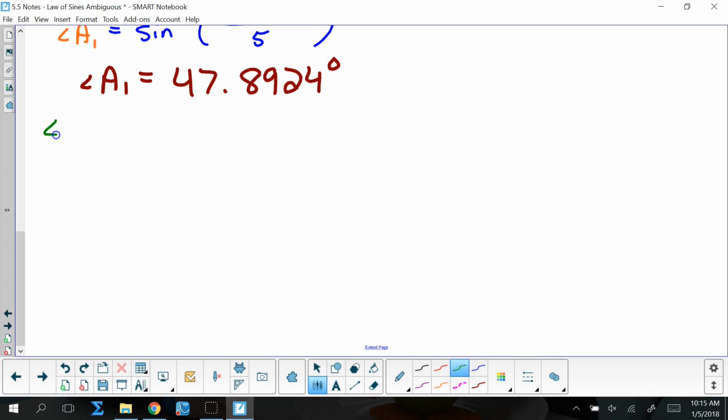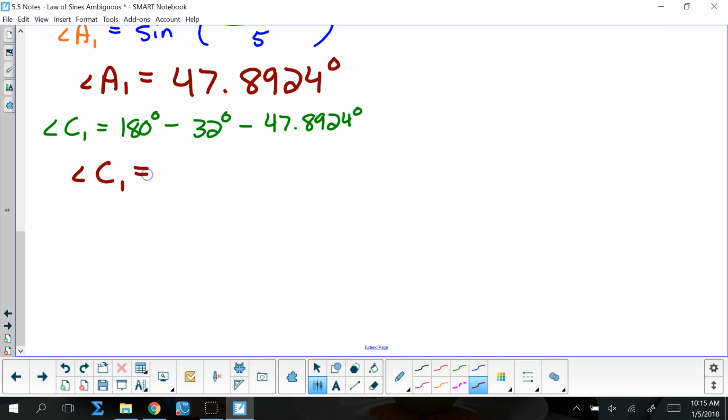Angle C sub 1 is going to be 180 degrees minus my original angle of 32 degrees minus that new angle A that I just found. So angle C sub 1 is 100.108 degrees.